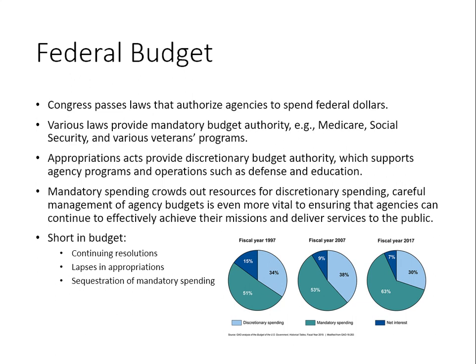Only those excepted functions will keep working. Other functions will stop. Or there will be sequestration of mandatory spending to cut the mandatory spending. Nobody wants these things to happen. So let's talk about how the federal budget is processed.